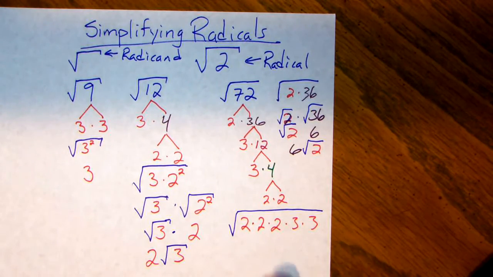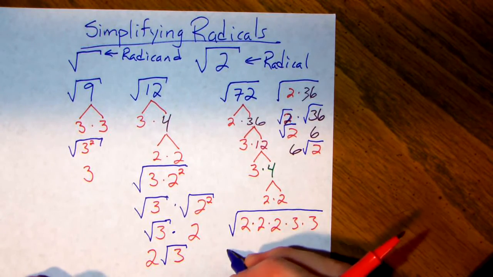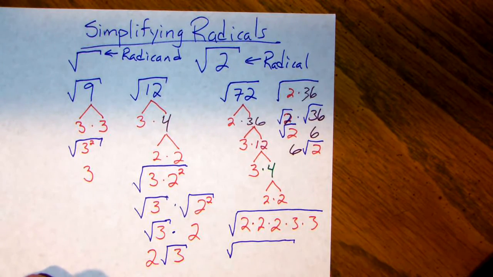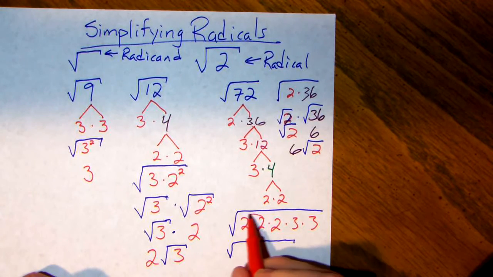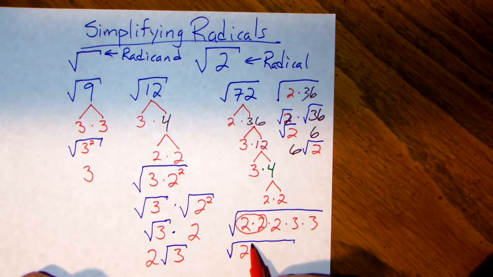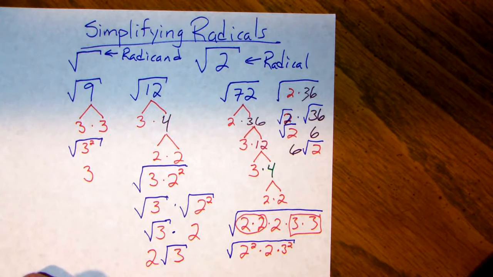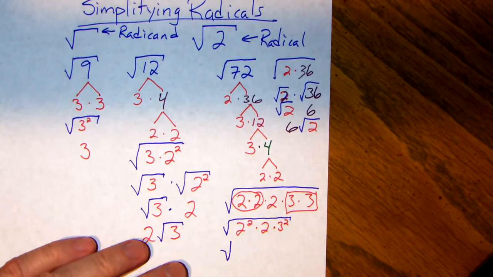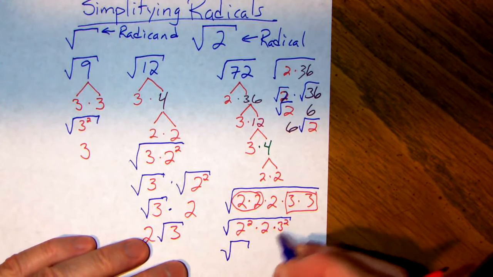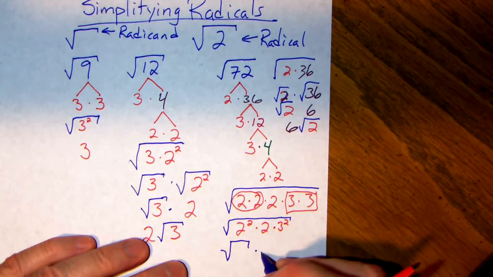As I'm doing this, since I'm taking a square root, I'm looking for squares underneath my radicand. So these first two 2's are really 2 squared. This 2 doesn't have a second 2 to partner with, so it just stays alone. Here we have two 3's, so we can rewrite that as 3 squared. Now we have multiplication, so we can split that up into 3 factors underneath there.